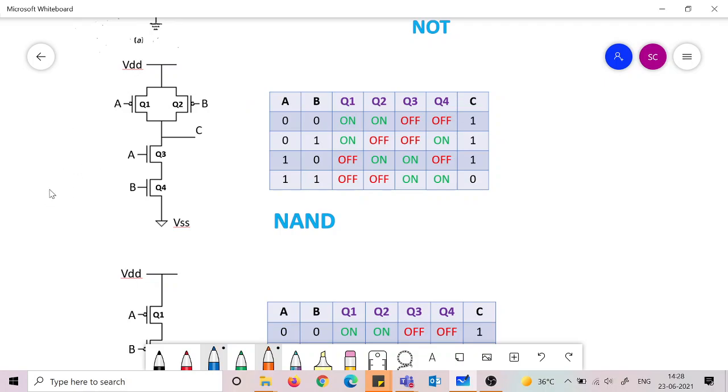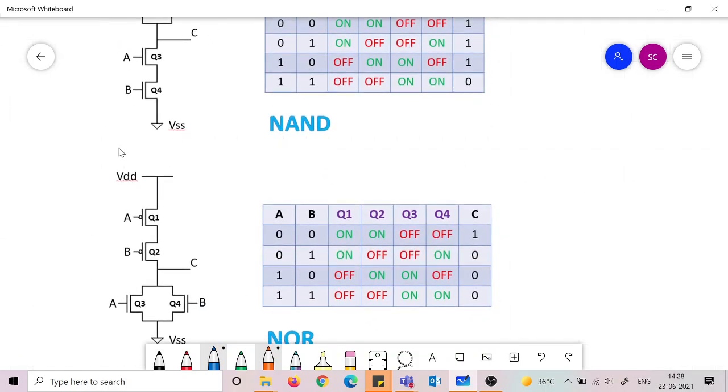Another question can be framed this way also: a circuit could be given to you, and you have to note down what would be the states of Q1, Q2, Q3, Q4 and the output for a given set of inputs. That can also be a question which will be a bit easier for you compared to constructing the circuit from a given behavior table.